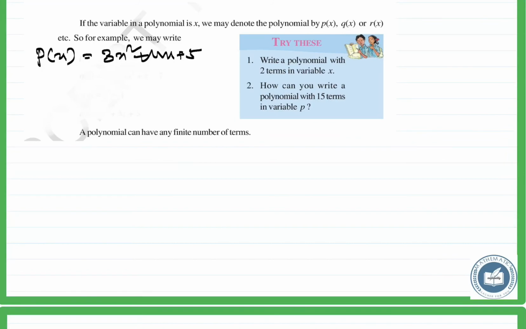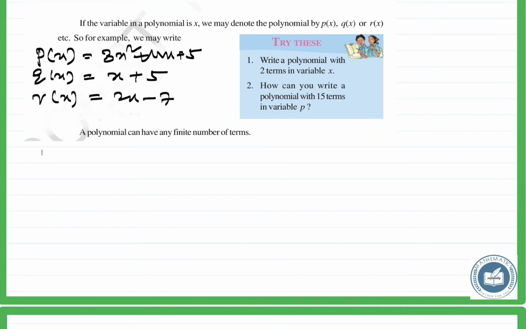This is a polynomial in one variable, denoted by p of x. Similarly, q of x in the variable x only, x plus 5, and r of x you can write 2x minus 7.